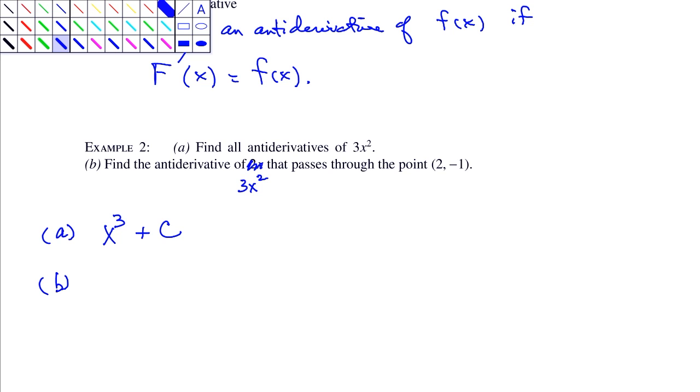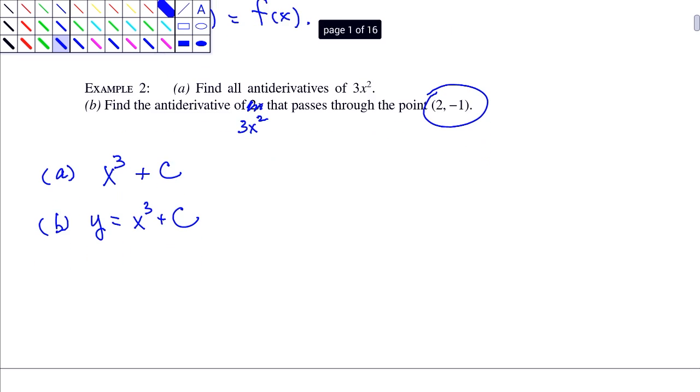And then part B, find the antiderivative of 3x squared that passes through the point 2, negative 1. So if we say that this is y equals x cubed plus c, there will be only one value of c that looks like this function and still passes through this point. To find that c, we just plug in the point, evaluate at 2, negative 1.